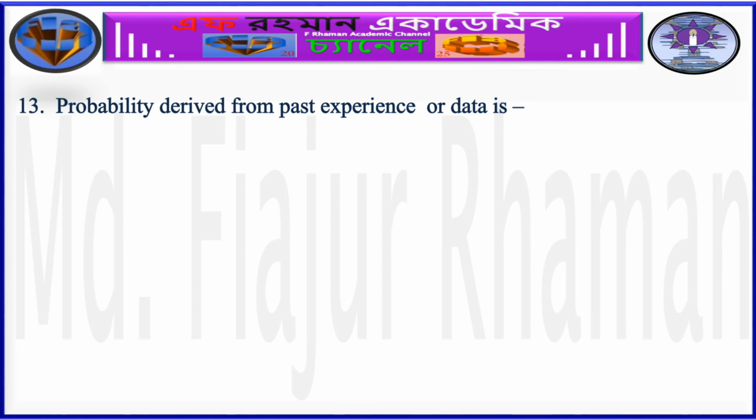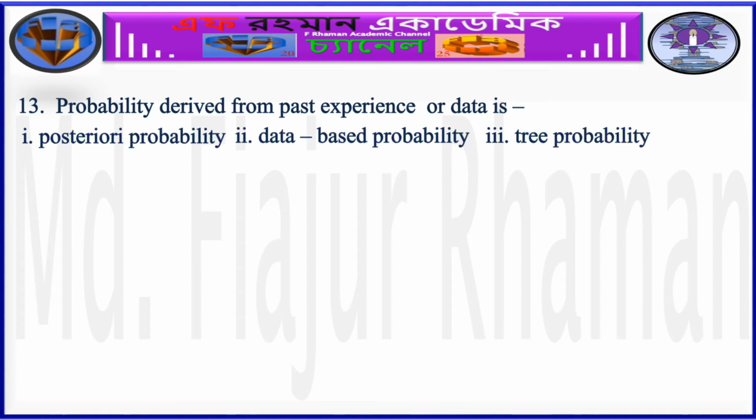MCQ 13. Probability derived from past experience or data is 1. Posteriori probability. 2. Database probability. 3. Tree probability. Which one is correct?